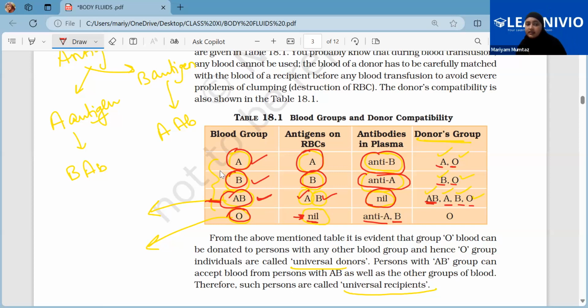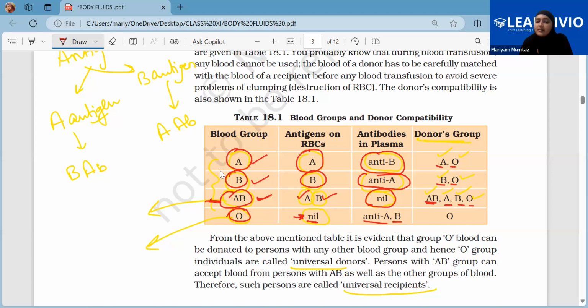Antibodies are always synthesized against a particular antigen. If, for example, B has antigen B present on it, that antigen will synthesize the antibody against the other blood group, that is anti-A. But O does not have any antigen at all, meaning it does not have the property to synthesize any antibody on its own.